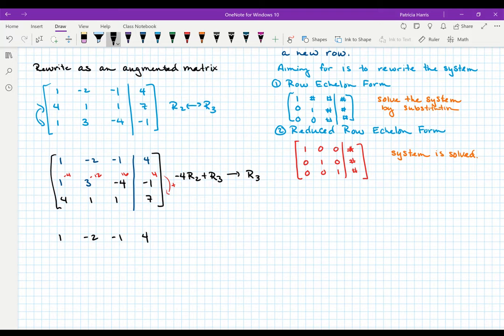Row 2 stays the same. This is all about changing row 3. So 0, -11, 17, and then 11.